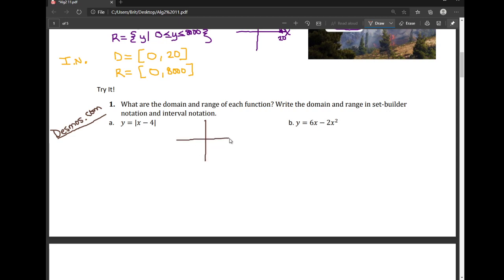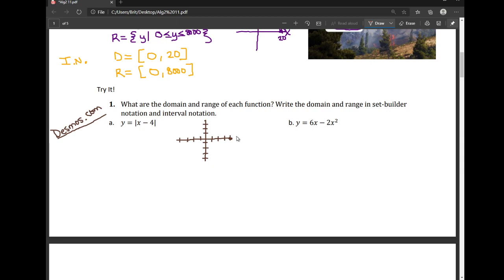Alrighty, so y equals the absolute value of x minus 4. If you remember your transformations from Algebra 1, this minus 4 is within the grouping symbol, so it is going to be moving my absolute value to the right by 4. Now the absolute value is actually like a V shape.